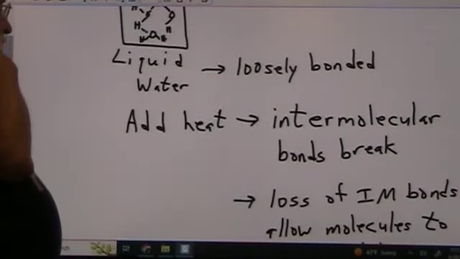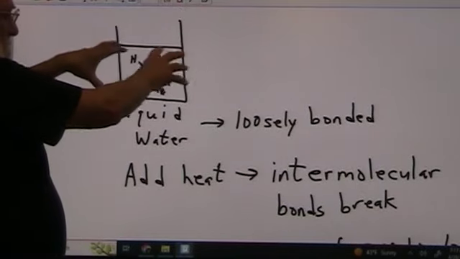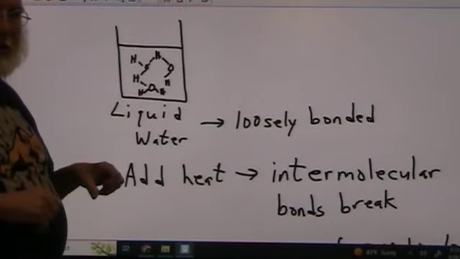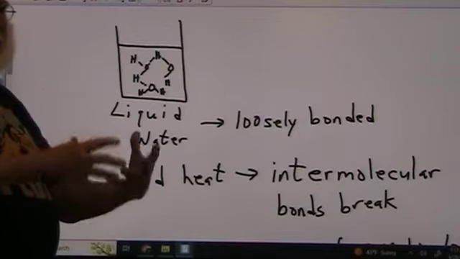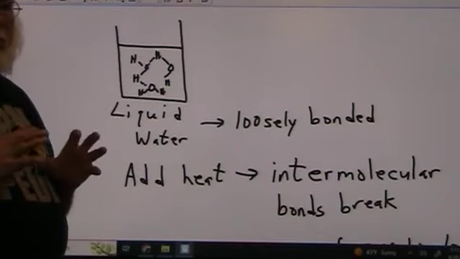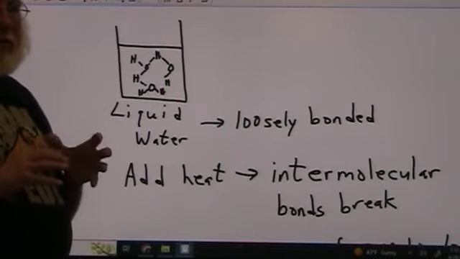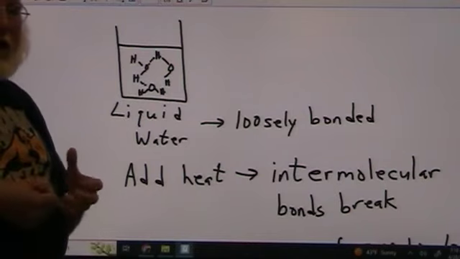So when you add heat to this, the molecules move about faster. When you add heat to anything, even solids or gases, they absorb more energy and are able to move around. Temperature is a measurement of the energy that the system has.